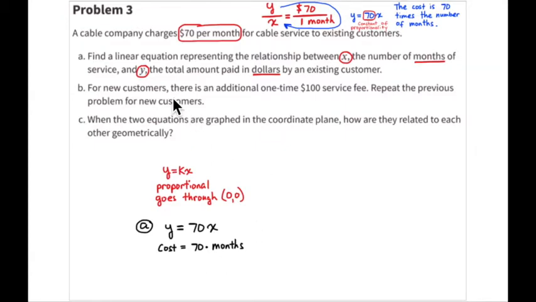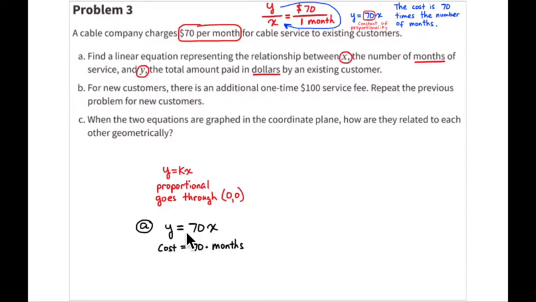Then it says, what if new customers are charged $100 as a service fee to begin their service? It says repeat the previous problem using that condition. Well, now you start out owing $100 at the very beginning, and then you have to add to that how much money you owe for each month of service.